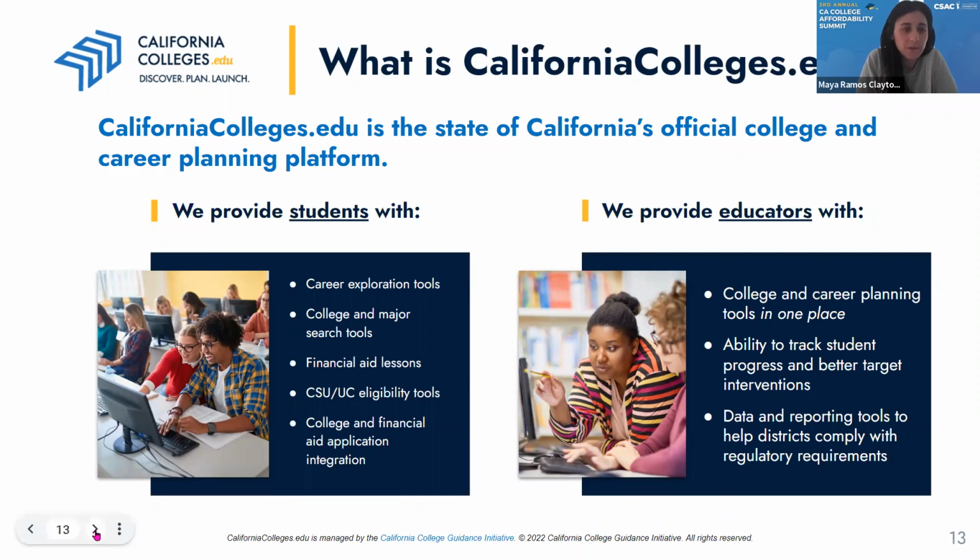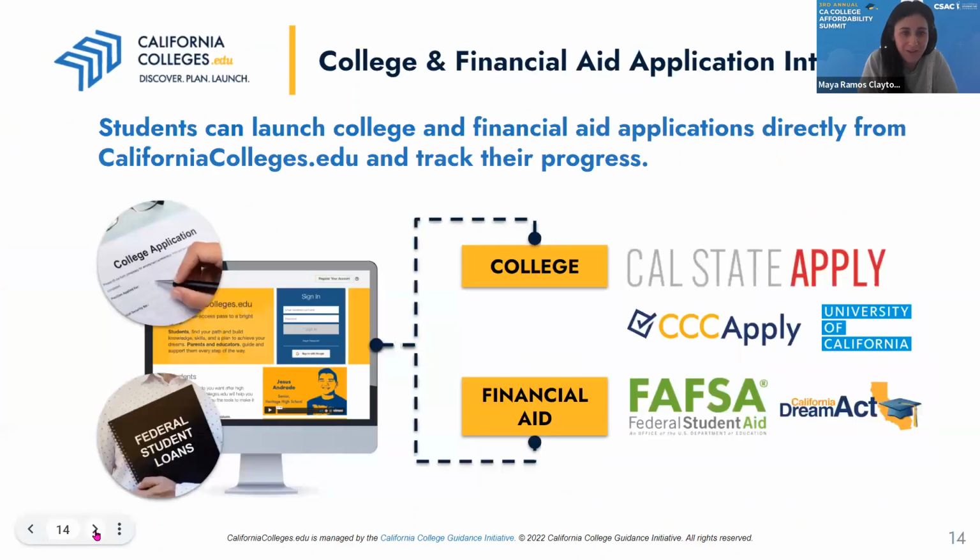On the next slide, we just wanted to do a quick plug for the things that I think you all know exist. From CaliforniaColleges.edu, students can launch CCC Apply, Cal State Apply, UC Apply, FAFSA, and CADA.